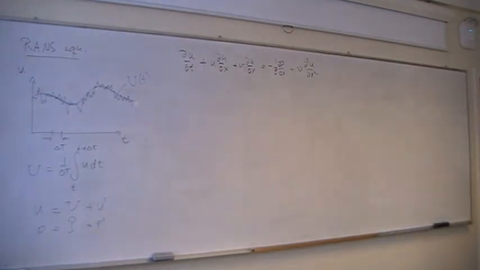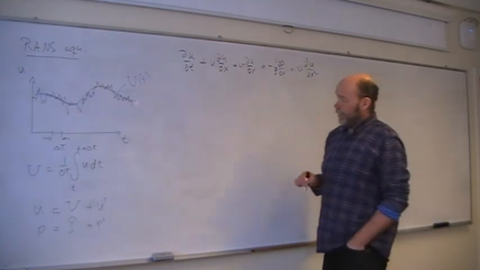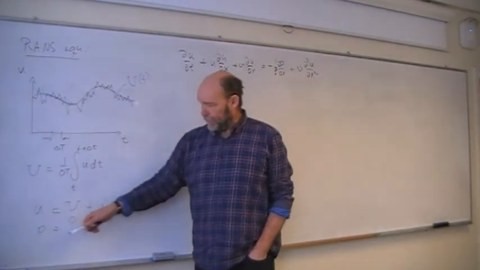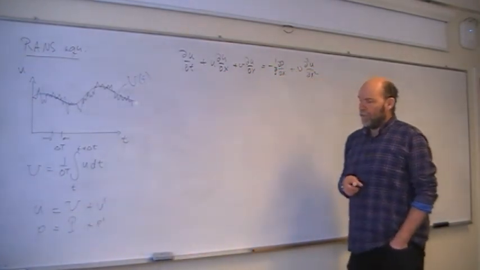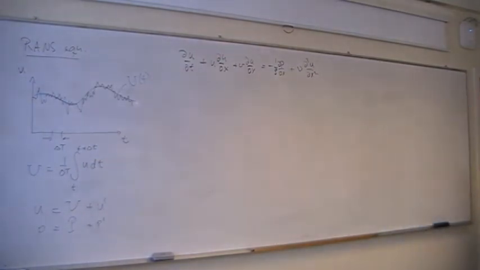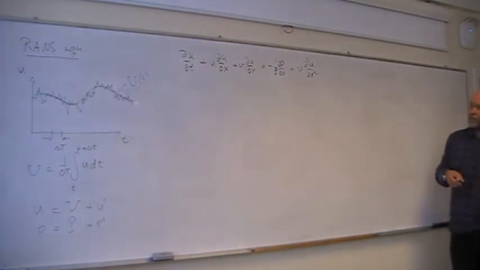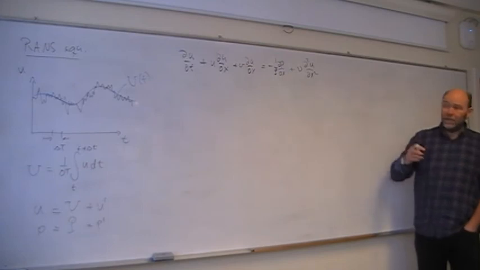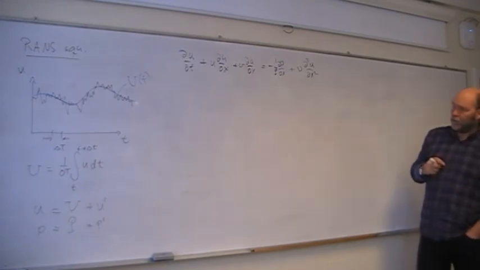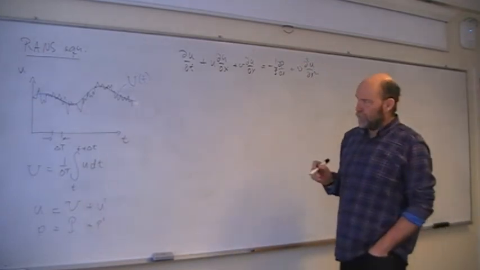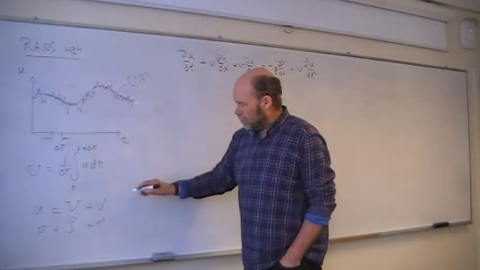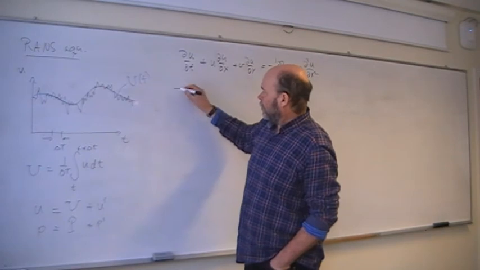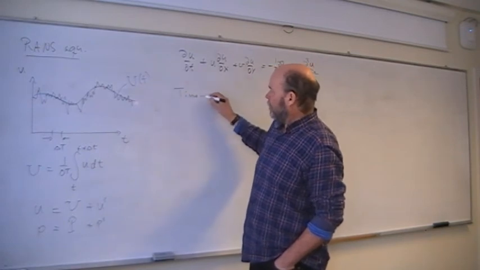Now insert your split into a mean and a fluctuating part. Yes, you can do that. Of course, this equation will now be twice as long, so still not so interesting. But what we are then going to do is to take a time average. So we define here, time averaged.